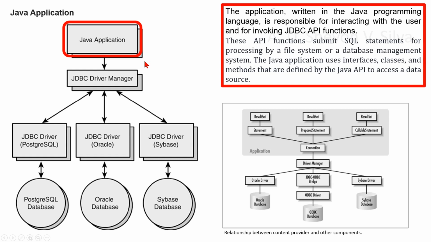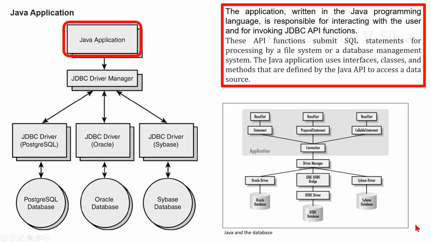These API functions submit SQL statements for processing by a file system or a database management system. The Java application uses interfaces, classes, and methods that are defined by the Java API to access data source.